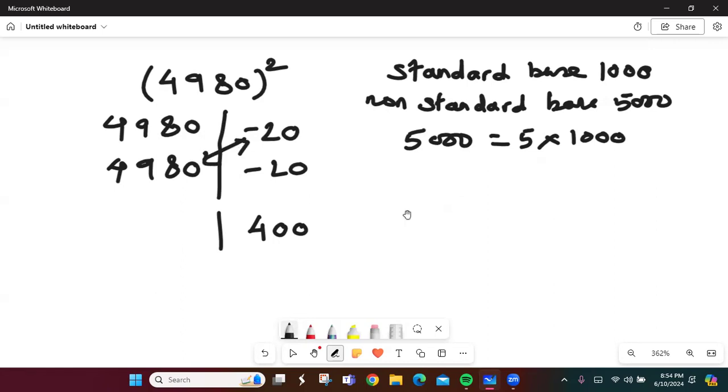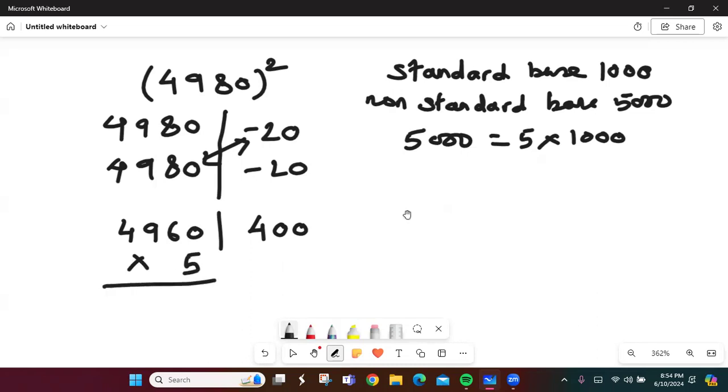Now, do the cross addition. Obviously, in this case, both the cross additions, 4,980 plus negative 20 will be 4,960. Now change this 4,960 from the non-standard base 5,000 to standard base 1,000. So I'll multiply this by 5.